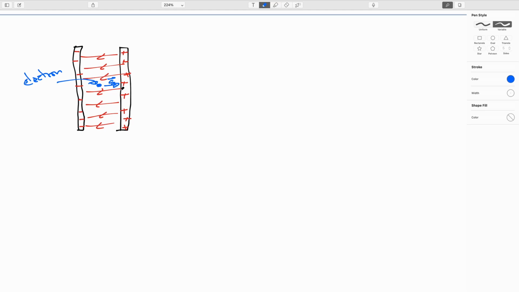And so how does that make any sense? Well, if we take a look at this, remember that the force that any charge feels will be the charge itself times the electric field at that charge location. So here, the charge is negative e. So that means that the force will point in the opposite direction of the electric field.